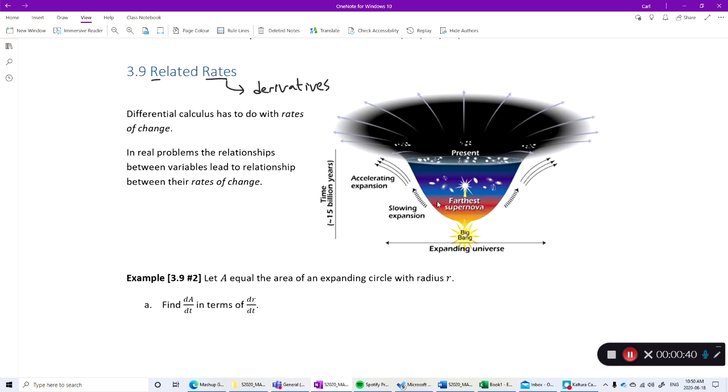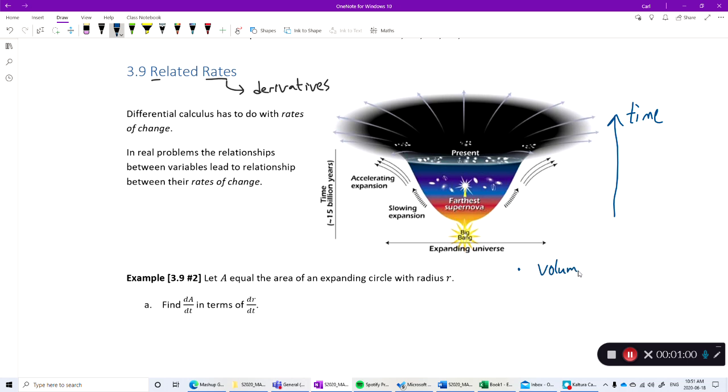So for example, what's probably the best example of things changing in time? Well, how about the universe, right? Cosmologists say that the universe started with the Big Bang, and then what happened as time goes on? The volume of the universe changes. Let's say the density of matter is changing; it's getting less dense.